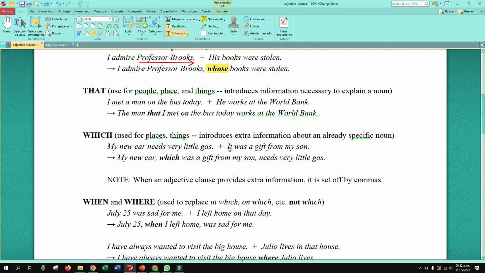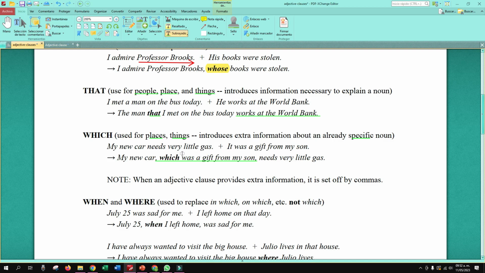Plus, it was a gift from my son. My new car, comma, because you are adding information about the car, about the thing here, right? So, which was a gift from my son, needs very little gas.